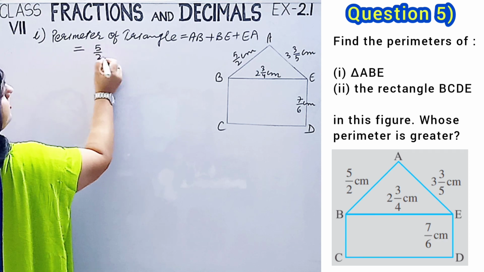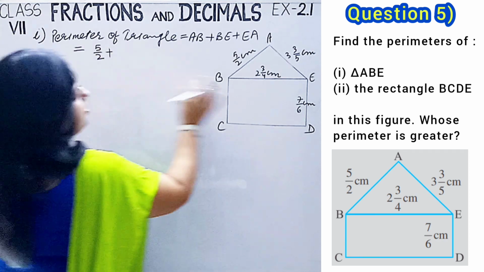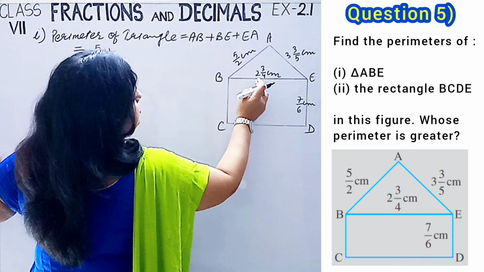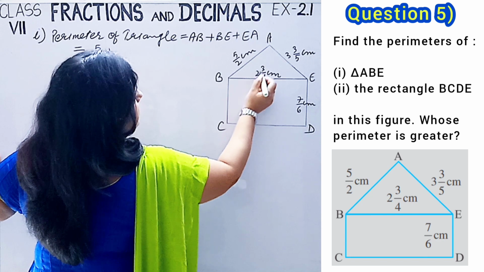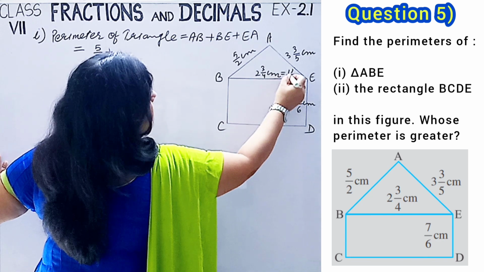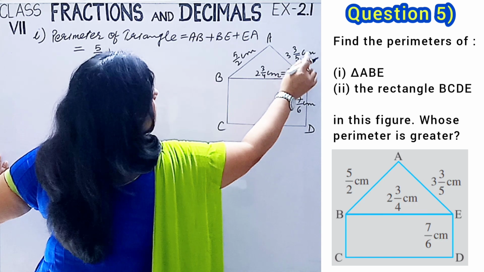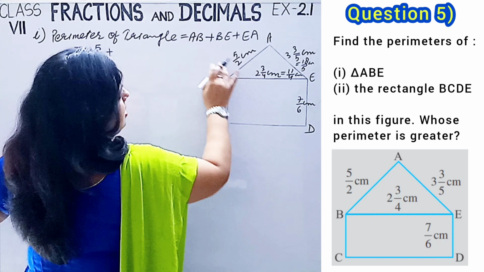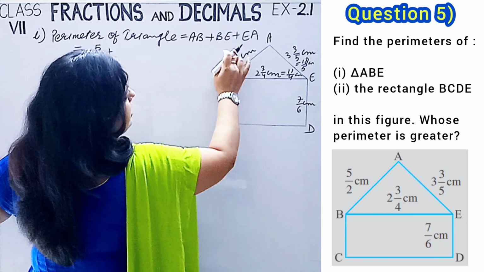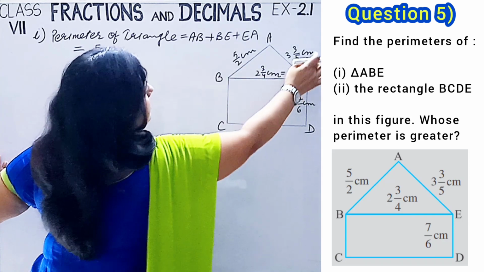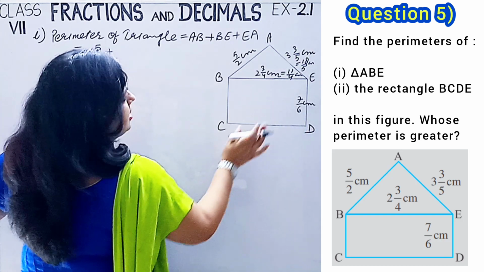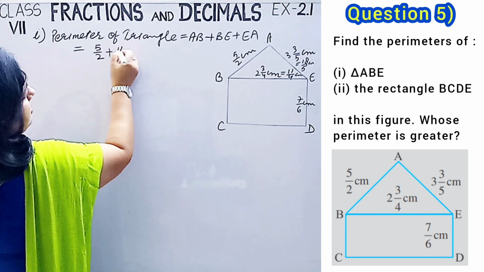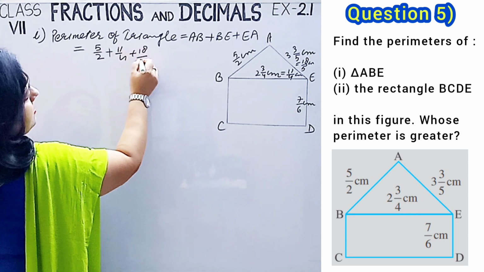So 5 by 2 plus. First of all, we have to change these mixed fractions into improper fractions. 4 2s are 8, 8 and 3, 11, 11 by 4 centimeter. Here 5 3s are 15, 15 and 3, 18 by 5 centimeter. So now 5 by 2, 11 by 4, 18 by 5 and 7 by 6 are improper fractions. Now 5 by 2 plus 11 by 4 plus 18 by 5.